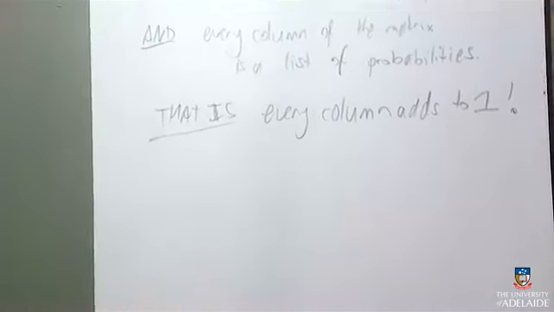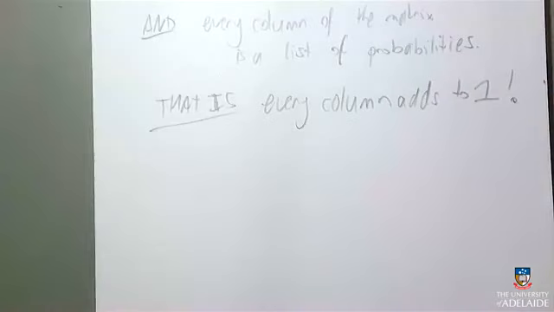And here is the magic of Markov chains. If all the columns add to 1, then you are guaranteed that 1, the number 1, will be an eigenvalue. And if all the columns add to 1 and every vector is made of things less than 1, you are guaranteed that not only will 1 be an eigenvalue, it will be the biggest eigenvalue.